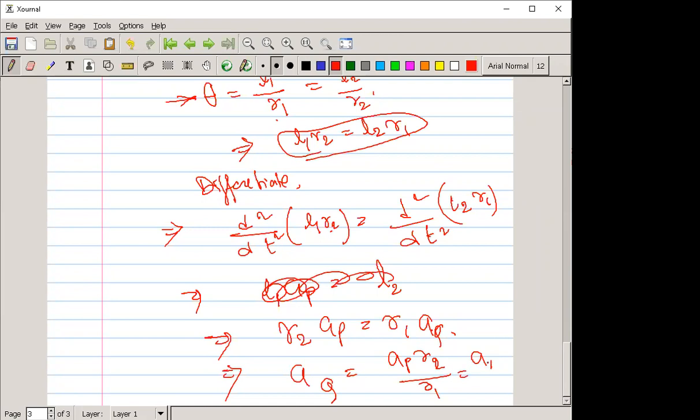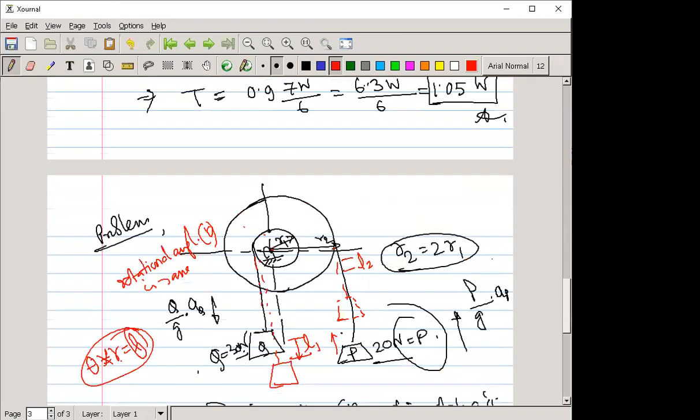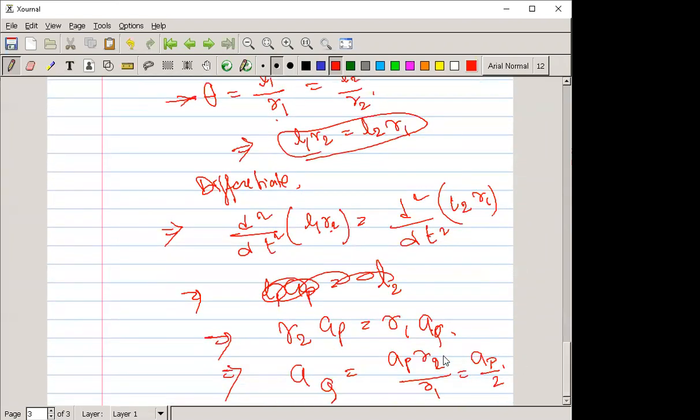R2 by R1 is 2, so R2 by R1, sorry, is 2. So AQ is equal to 2AP. Anyone have any question up to this?